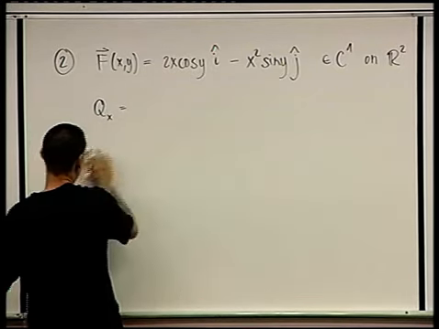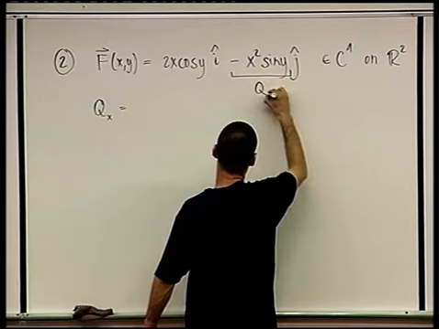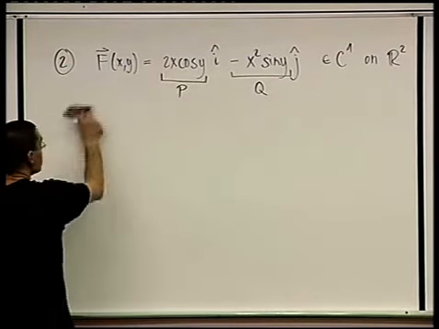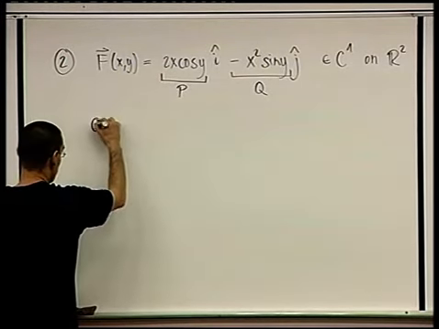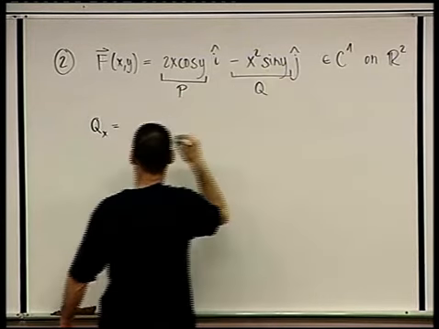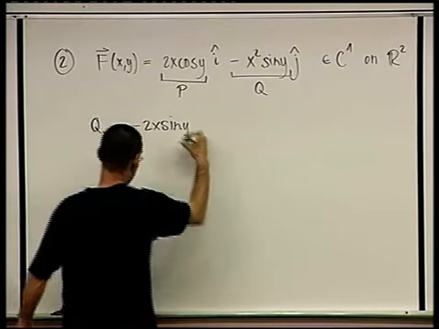So what is qx? Well, what is q? This is q, and this is p. Right? So what is qx? The derivative of q with respect to x is minus 2x sine y.